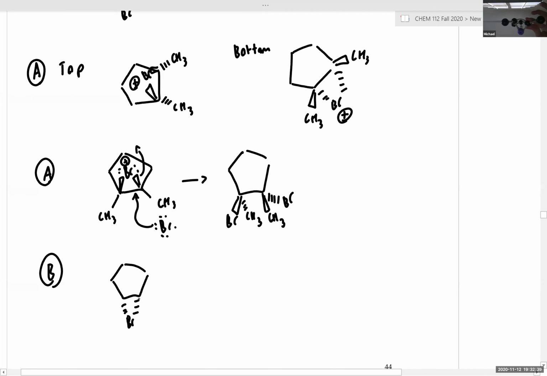We can then attack and open up our bromonium ion. So let's suppose arbitrarily that we choose to open it up on the left-hand side. So we kick open.